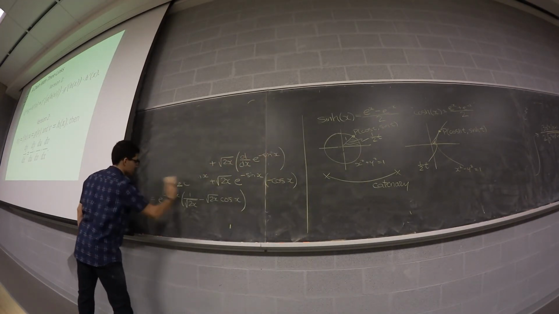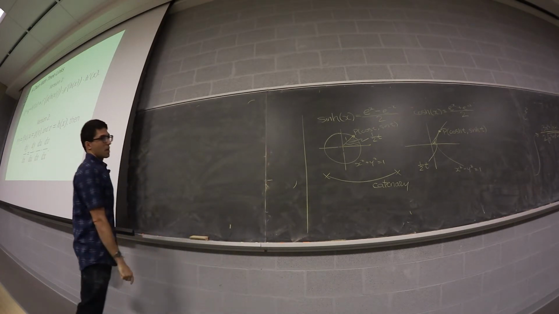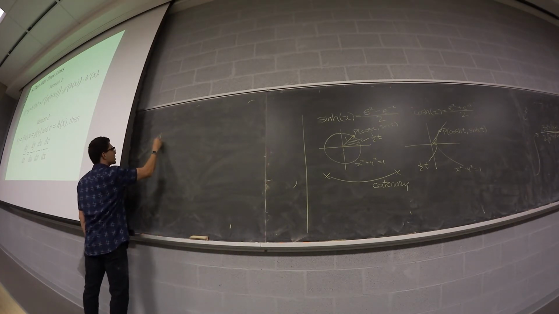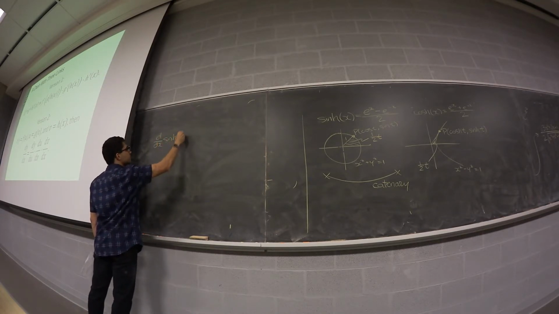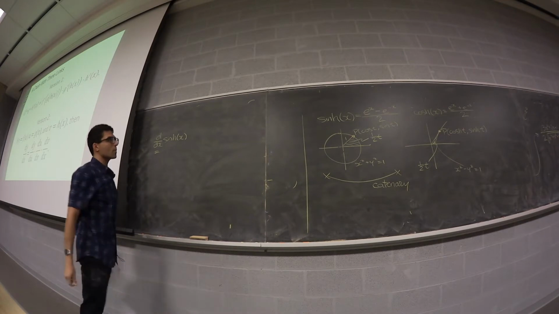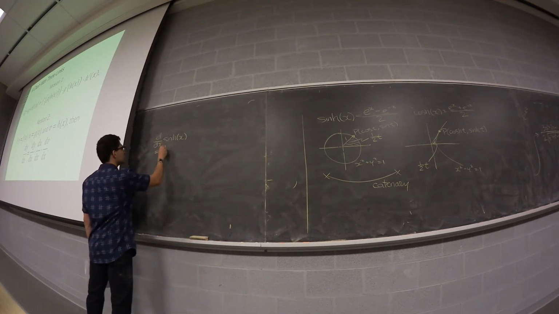Let's take the derivative of something. Take the derivative of sinh. Okay? What is that? By the constant multiple rule, the 1/2 pops out.